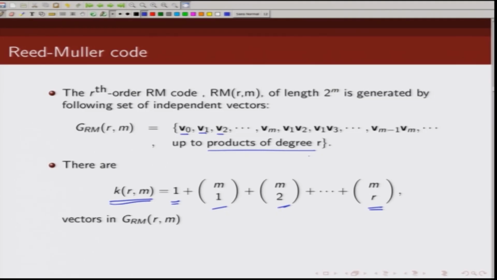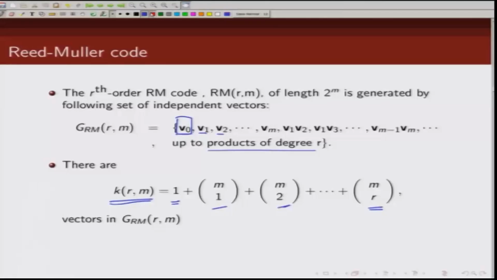So, if we are considering 0th order Reed-Muller code, this will only have V0 in the G matrix. If we are considering first order Reed-Muller code, it will have V0 and it will also have V1, V2, V3, Vm. If you are considering second order Reed-Muller code, this will have this and it will have all these second order terms.